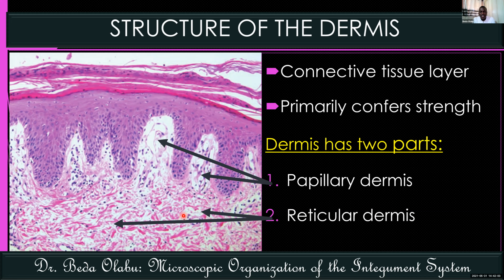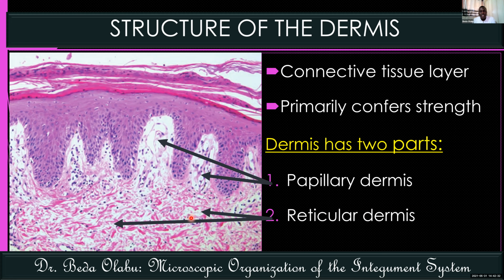Reticular dermis consists of dense, irregular connective tissue as opposed to the loose connective tissue of the papillary dermis. This dense, irregular connective tissue of the reticular dermis, as the name suggests, means that the collagen fibers are closely packed, hence dense, and that they are running in different directions, hence irregular.